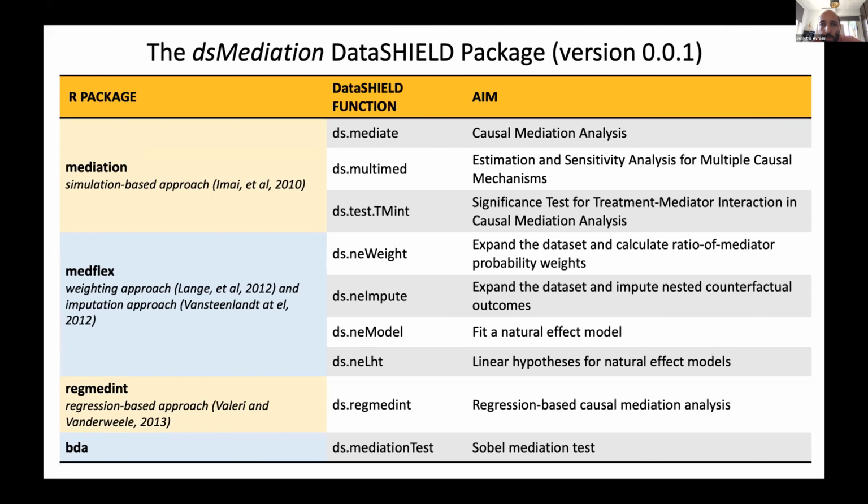In this first version, we include these 9 functions. The names are similar to the native R functions from those 3 main packages, with DS in front to indicate that it's a DataSHIELD function.